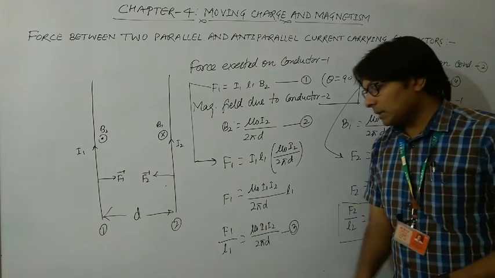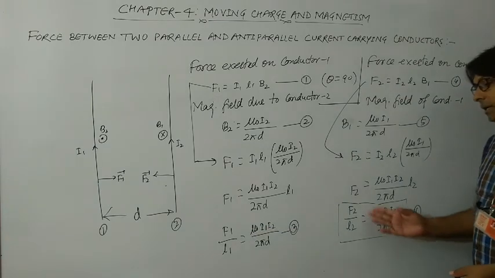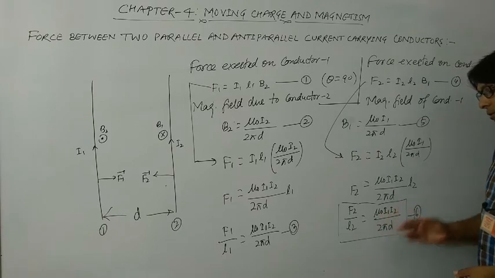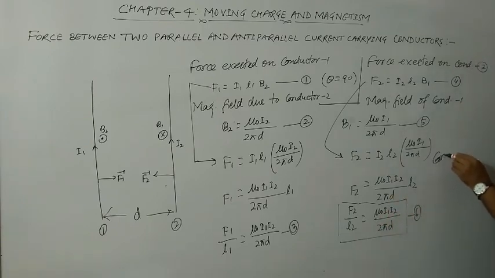F1 upon L1 is equal to mu 0 I1 I2 upon 2 pi D, and similarly F2 upon L2 is also equal to mu 0 I1 I2 upon 2 pi D. So comparing equation 3 and 6, what can be written? F1 upon L1 is equal to F2 upon L2.